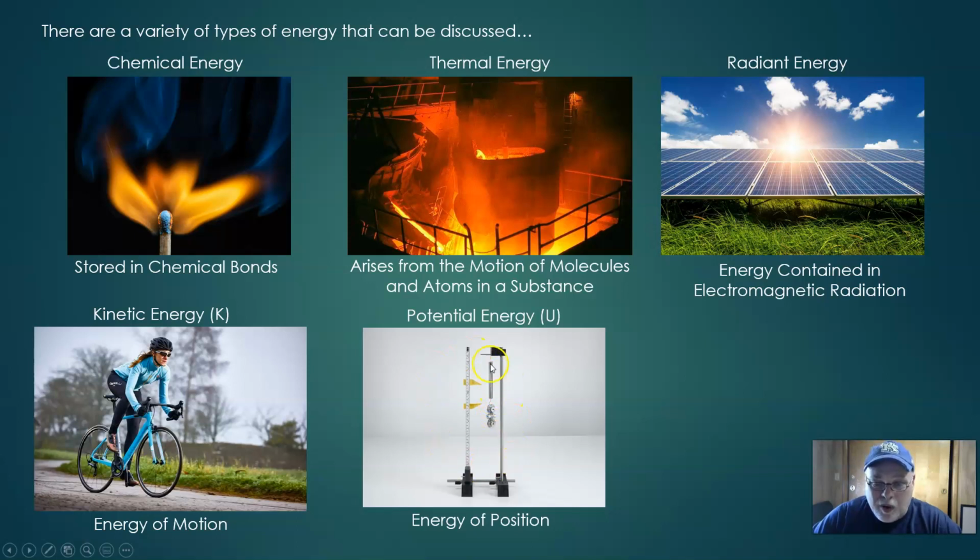This is what this picture is showing. I've got a spring here and some masses attached to the bottom of it. The result is that it has stretched that spring out, and now that spring is storing potential energy. If I were to take these masses off, then that spring is going to snap back to its normal length, and that potential energy is going to go into kinetic energy, right?